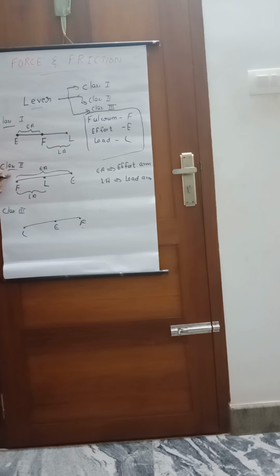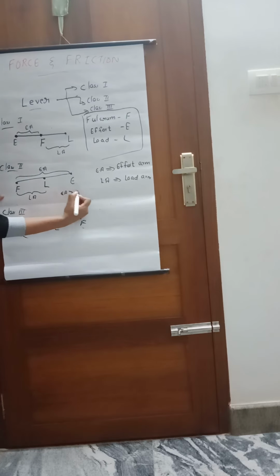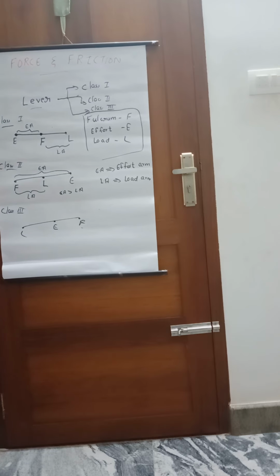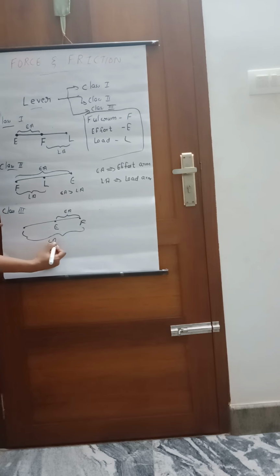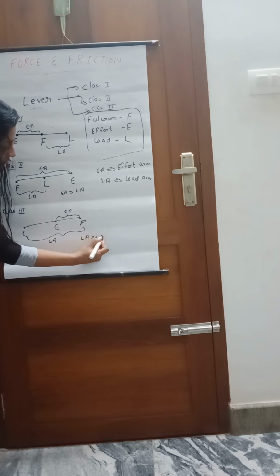But in the case of class 2 lever, we can see that the length of effort arm is greater than the length of load arm. Correct? Then in the case of class 3 lever, where is effort? Here is effort and here is fulcrum. So this is our effort arm, and the distance between fulcrum and load is load arm, and in this case load arm is greater than effort arm.